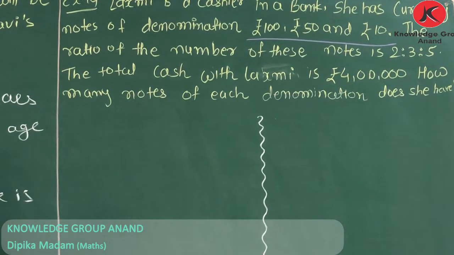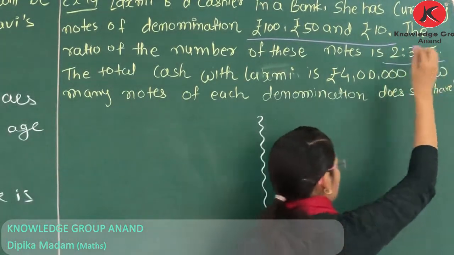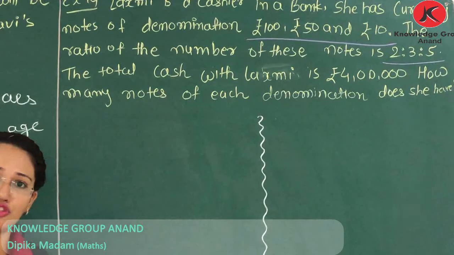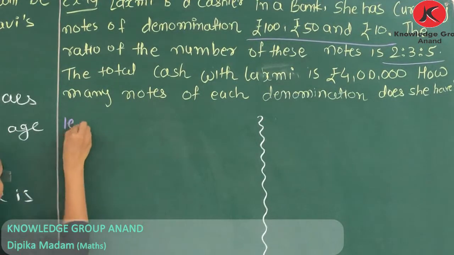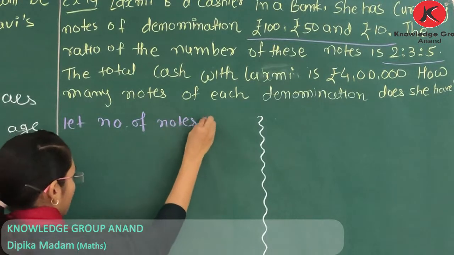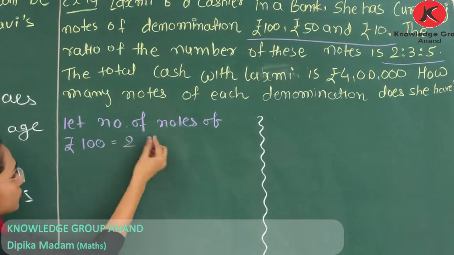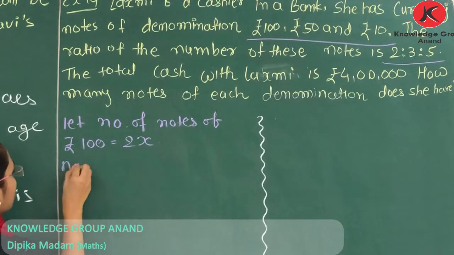The ratio of the numbers of these notes is 2:3:5. Again the ratio is given, so we can write let the number of notes of rupees 100 be 2x.